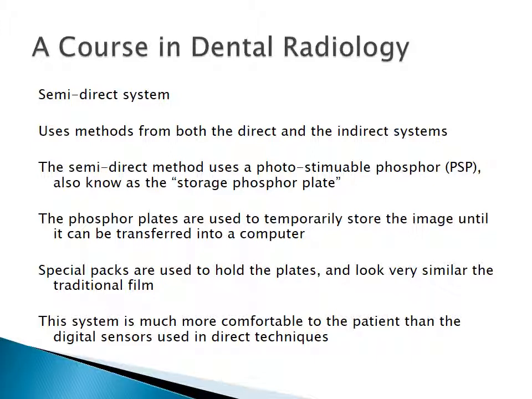They look a lot like a standard traditional film. These systems were much more comfortable to the patient than digital sensors at the time, because digital sensors were much larger back then. They have now since got much smaller, so these phosphorus plates aren't nearly as common anymore.